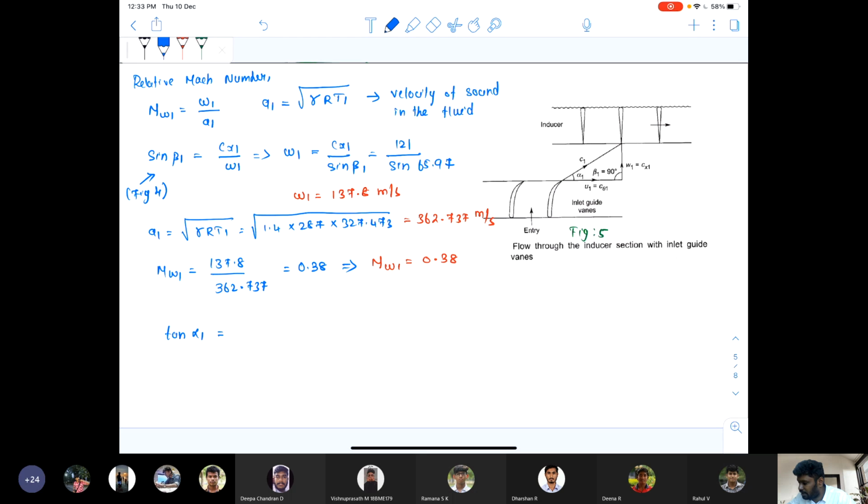Opposite side is cx1 divided by u1, so alpha 1 will be equal to tan inverse of cx1 divided by u1. cx1 is the opposite side and u1 is the adjacent side. You know both values of cx1 and u1, therefore by substituting you can find the value of alpha 1.